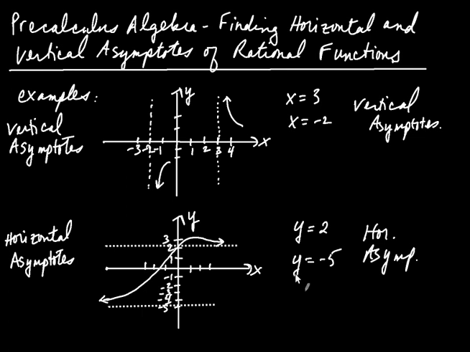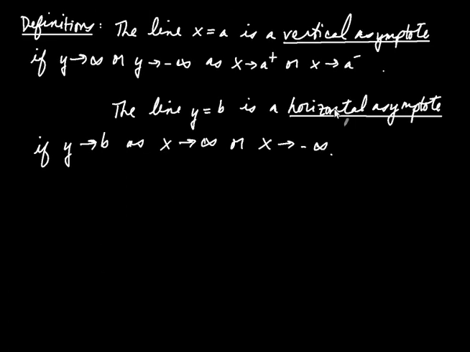Let's give a formal definition of vertical and horizontal asymptotes and take a couple of examples on how to find them. First of all, the line x equals a, a vertical line, is a vertical asymptote if the y-coordinate goes to infinity or -infinity as x approaches a from the right, or if x approaches a from the left. The little positive sign means that you're coming at a from values of x slightly larger than a.